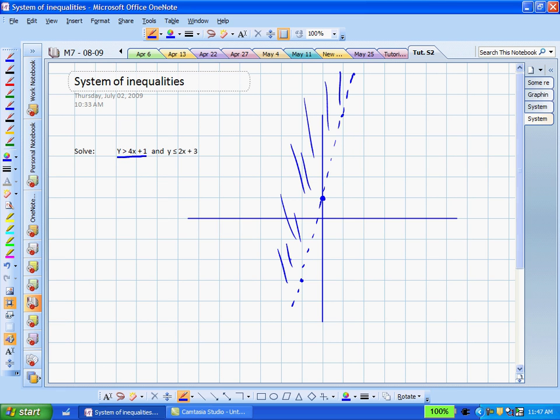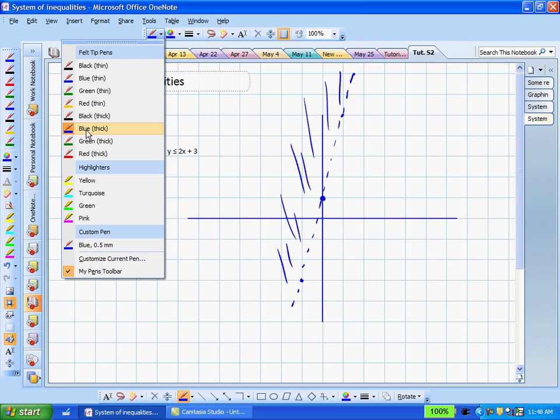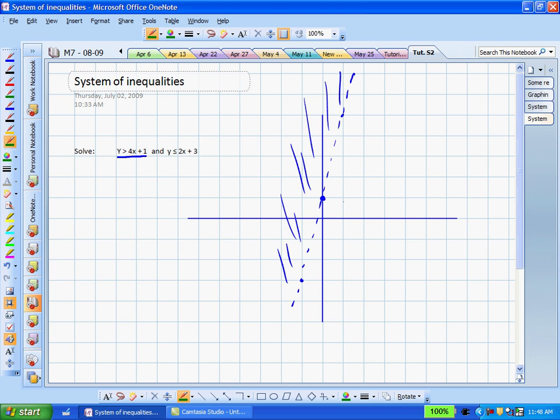Okay, now I'm going to change my pen color to green, and we'll graph this one. Up 3, we'll go to 3. And then up 2 over 1, it picks up that point.